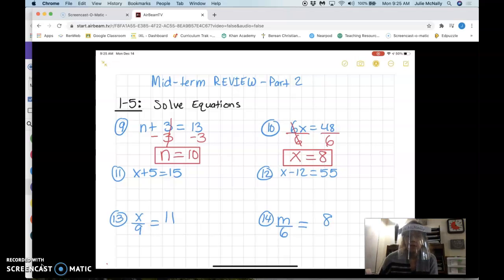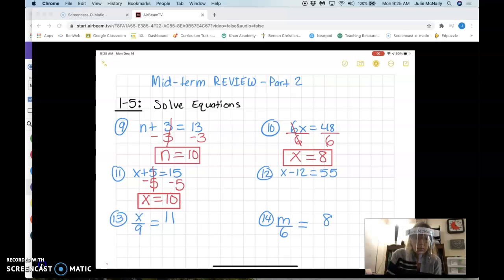And for number 11, what do I do? Anybody can say it? Minus. Whatever I do to one side, I'm going to do to the other. 15 minus 5? Yes. Number 12, I'm going to do what?